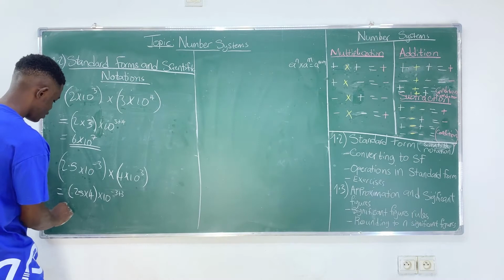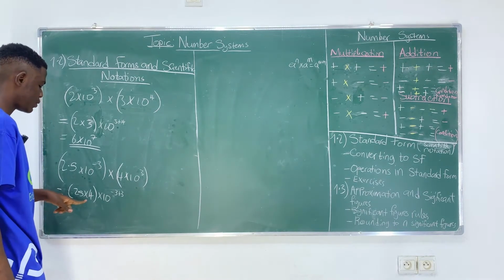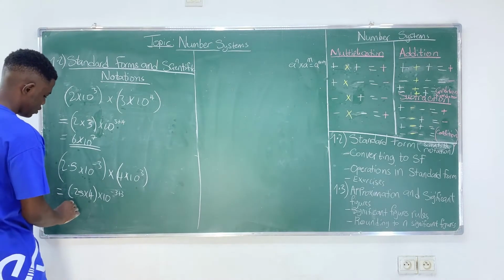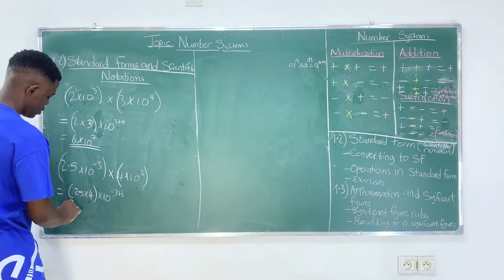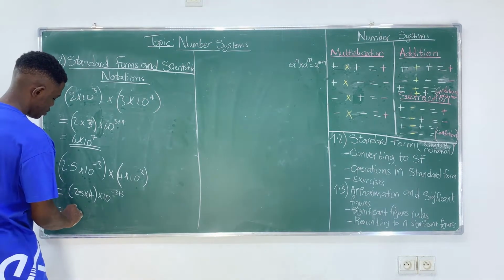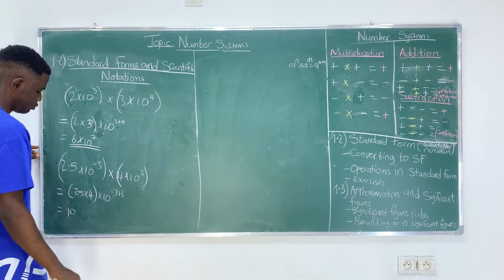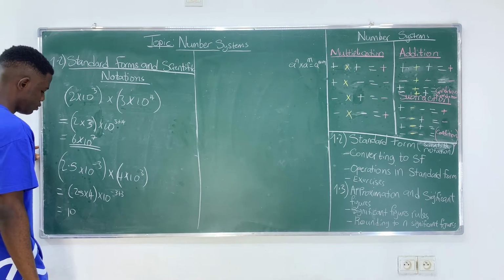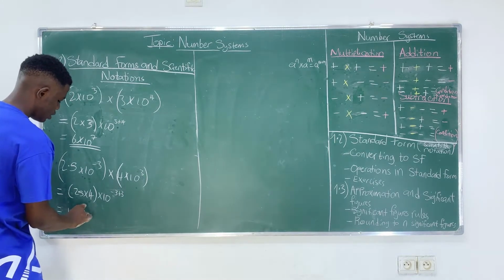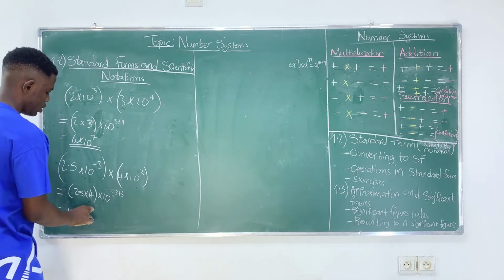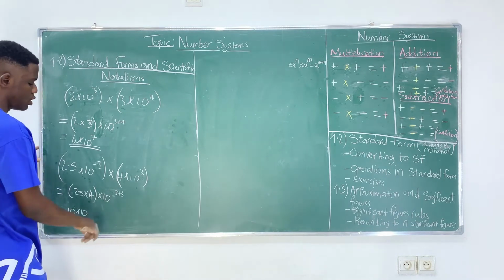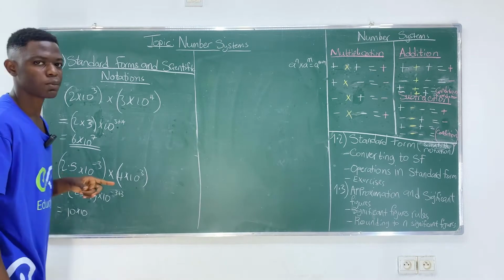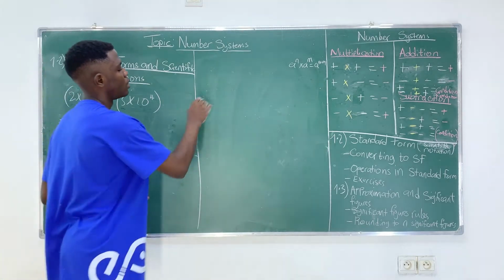So what is 2.5 times 4? 10. Times 10 to the power minus 3 plus 3. What is minus 3 plus 3?